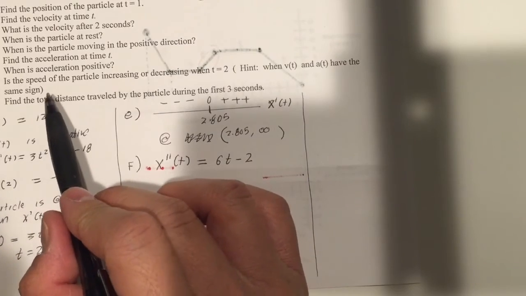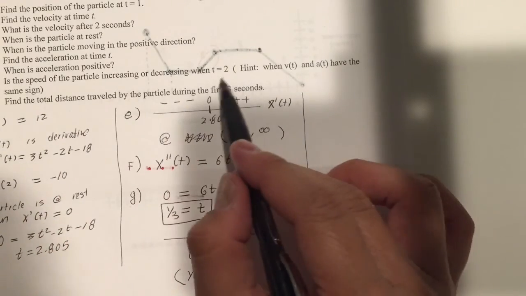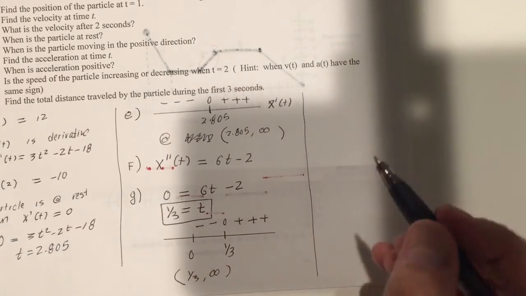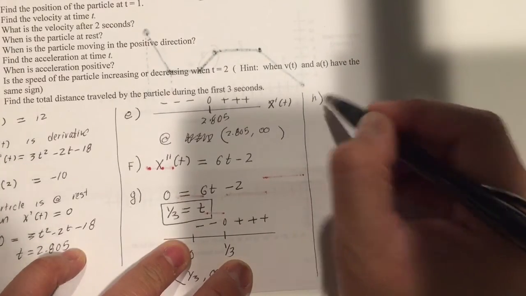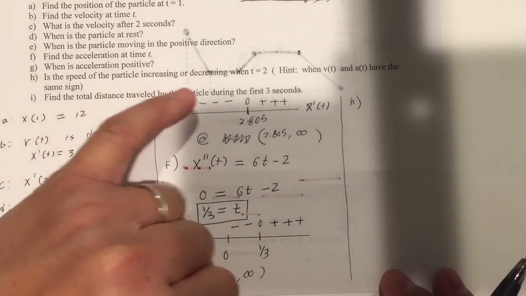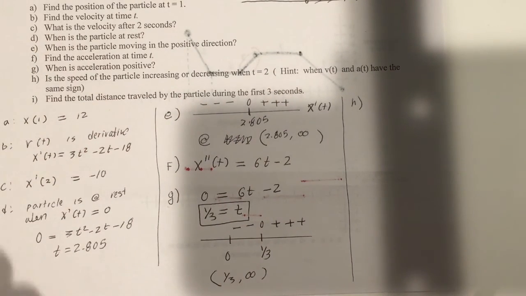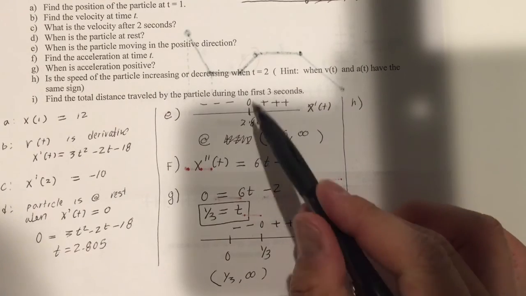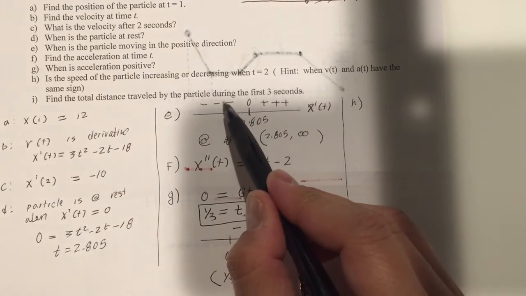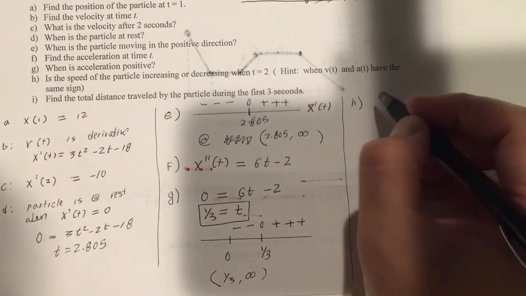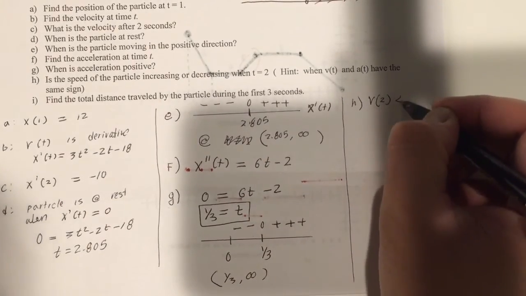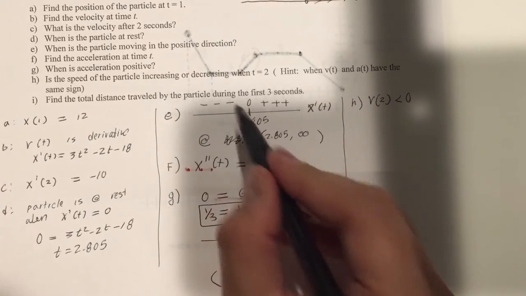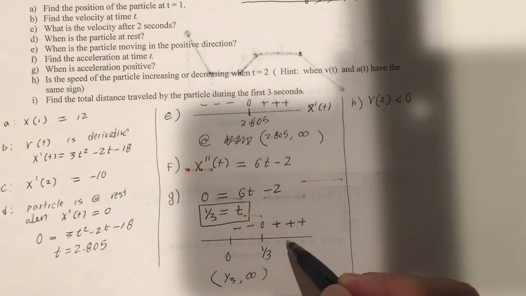Is the speed of the particle increasing or decreasing when time equals 2? To determine whether the speed is increasing or decreasing, we need to find the velocity at 2 and the acceleration at 2. Now, at 2, you can look at the sign chart and quickly tell. So at 2, clearly velocity is negative, because 2 is right here, negative. Acceleration at 2 is positive, because 2 is going to be out here.